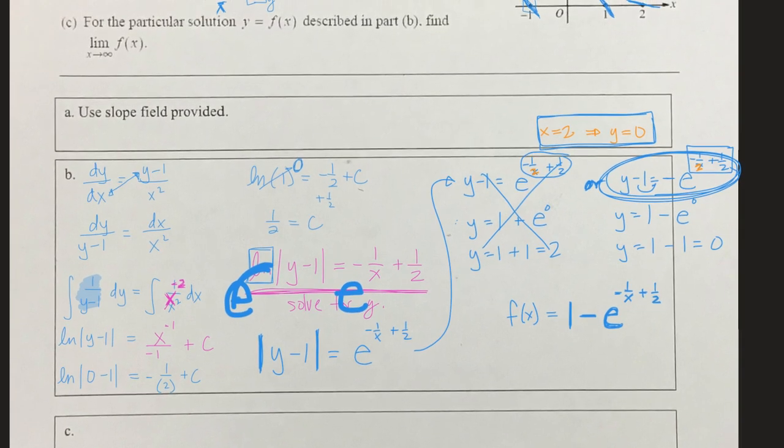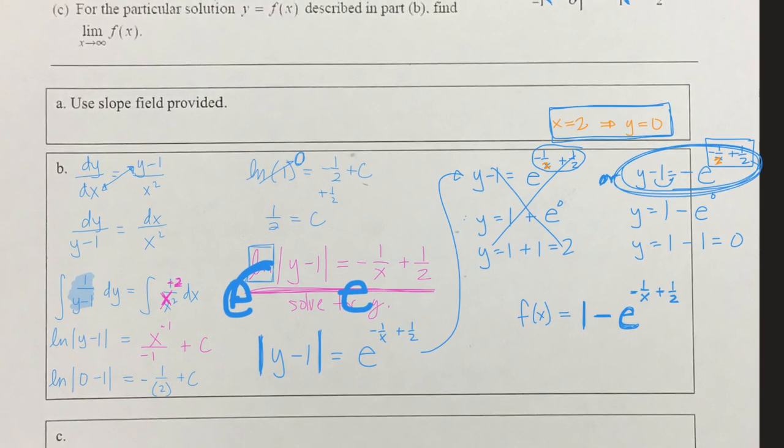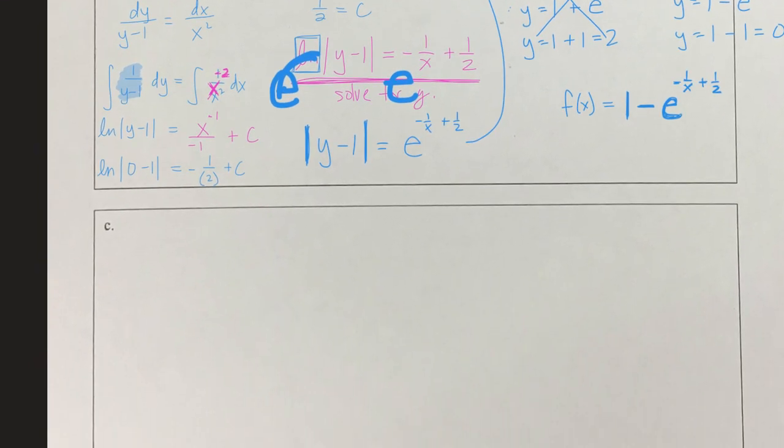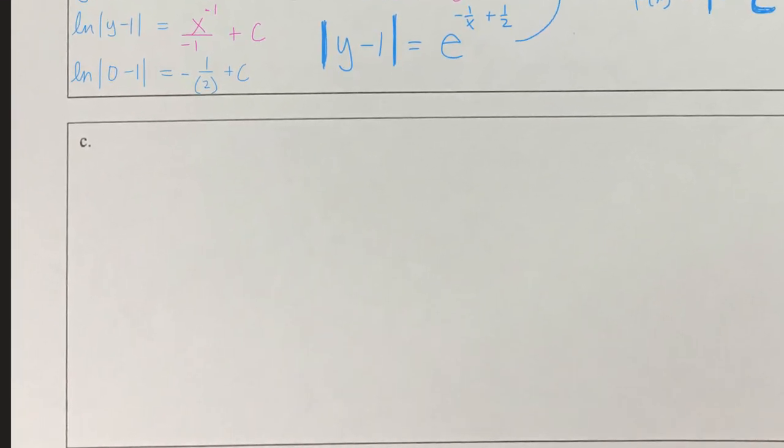And the last part, part C, find the limit as x approaches infinity of our function. So this is back to our first unit, the limit as x approaches infinity of 1 minus e to the negative 1 over x plus 1/2.